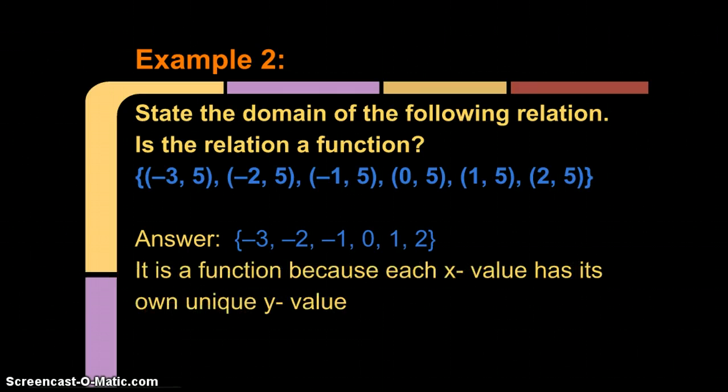This is similar to the last problem, but this is a function because each x value has its own unique y value. With these examples, you want to make sure that you know that it doesn't matter that the y values here are all 5. What really does matter are your x values.